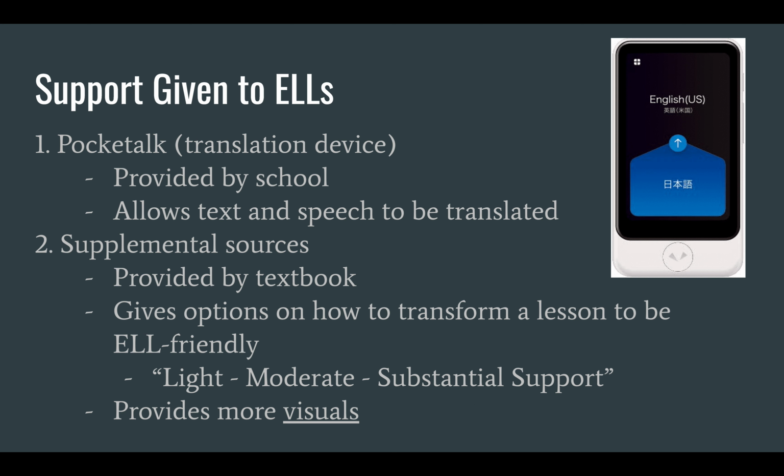It is an online resource that the students access through their tablets. In the teacher book, it gives lots of options on how to transform a lesson to be ELL friendly. She sent me a screenshot of it, and there were different sections for light, moderate, and substantial support, with different examples of activities depending on how much scaffolding you want to give to those students.